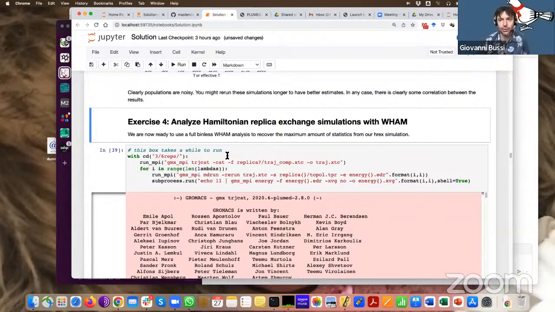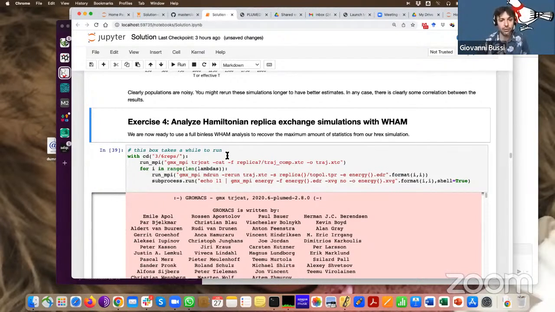What you have to do is to compute for every frame of your trajectory, so you first have to concatenate your trajectories, what would have been the probability to generate that frame in each of the Hamiltonians that you used. We were doing this with metadynamics with the assumption that I was calling final bias reweighting, which involves some kind of approximation.